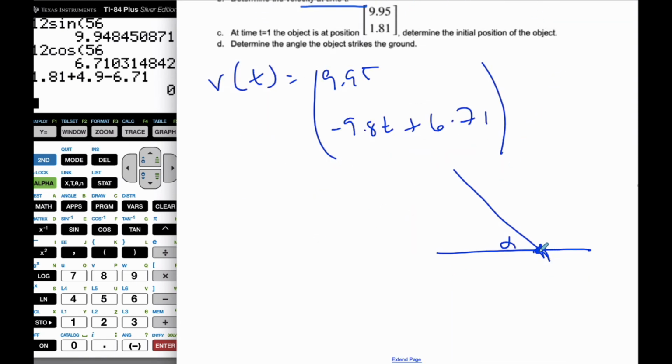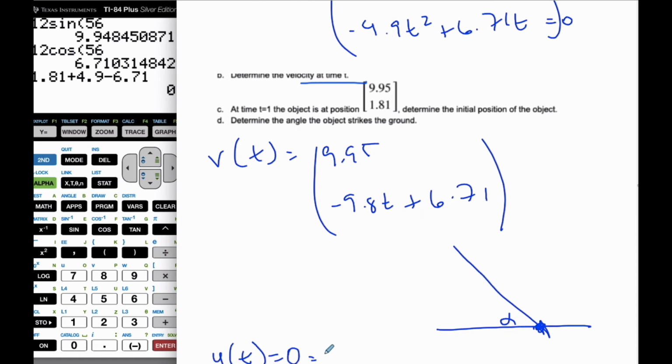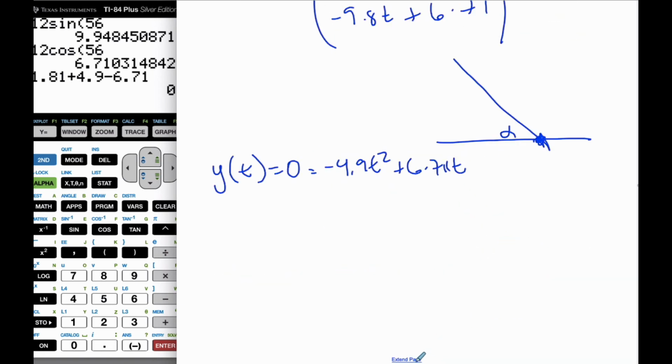So to find the time it hits the ground, I need my y value for the position, y at t, to equal 0, which is negative 4.9 t squared plus 6.71 t. Because when it comes down, its y is 0. Up and down is 0, and that's when it hits the ground.